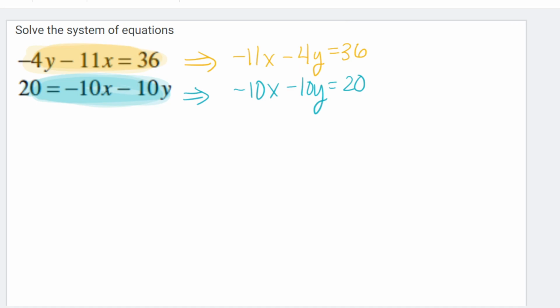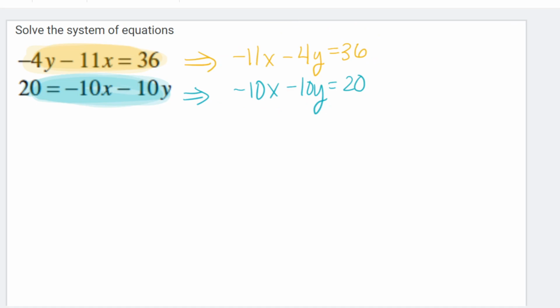So the next thing that I want, if I'm going to use elimination, is I want to make sure that I have the same coefficient, so the same number in front of the same letter, but I want them to have opposite signs. So one of these is going to get multiplied by a negative.